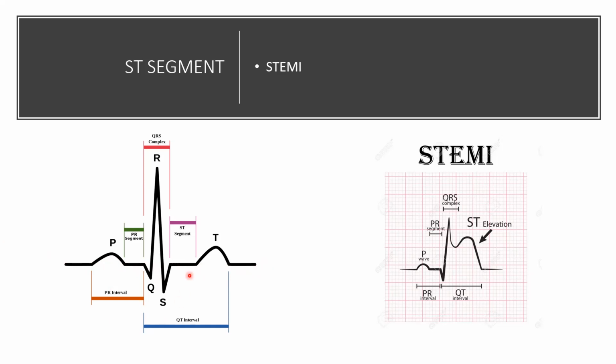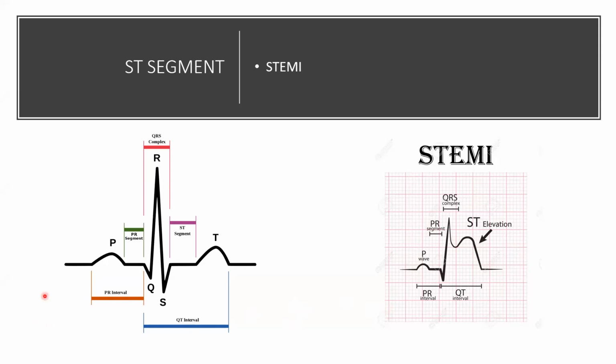The ST segment right over here, the portion that connects the S wave, this is the S wave, to the T wave, is known as the ST segment. These ST segments should be in the same plane as the PR segment. Understood? Okay.